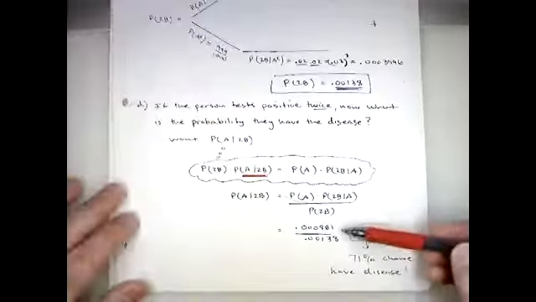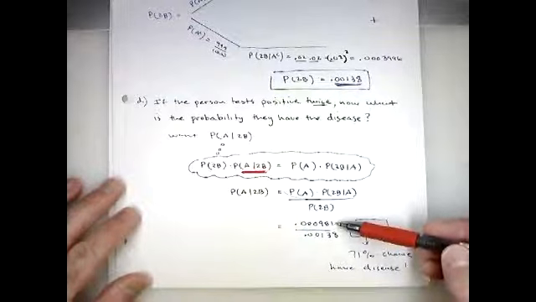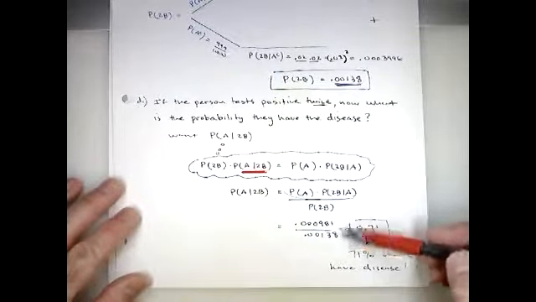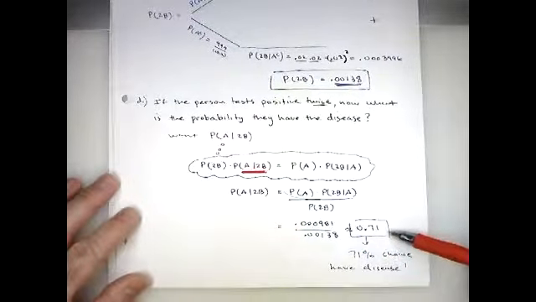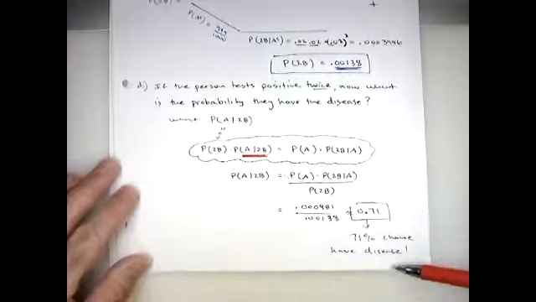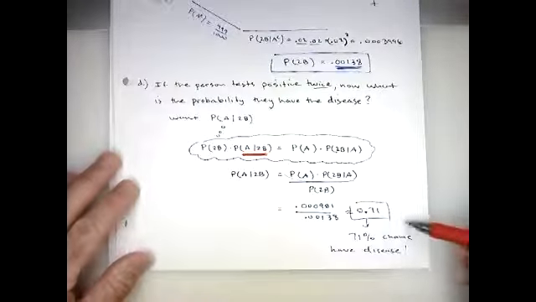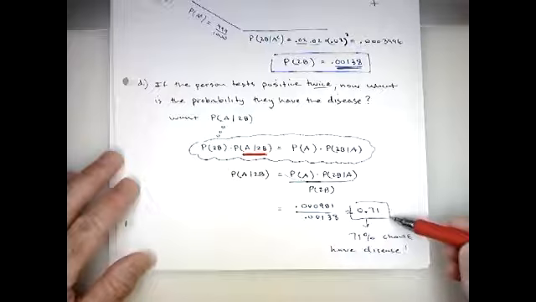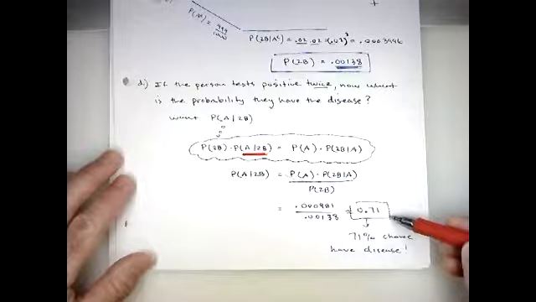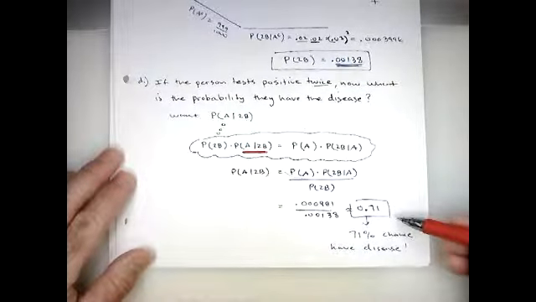So when you work out the numbers, taking that ratio, it comes out to be about a 71% chance now. So if your patient tests positive twice on this particular blood test, that means there's a 71% chance now that they have the disease.